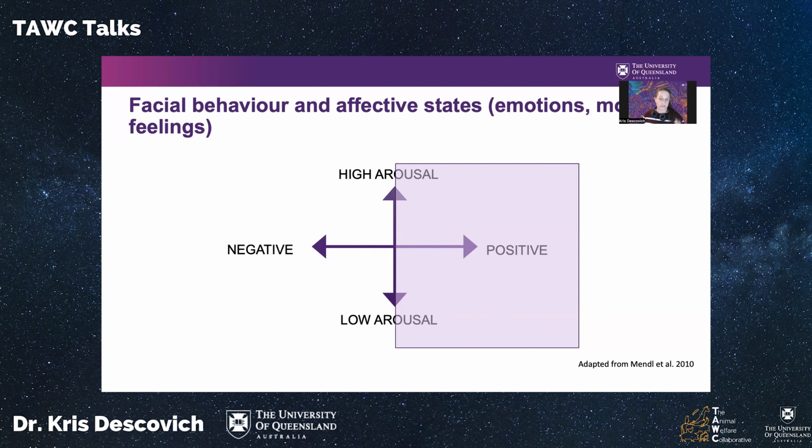Now, it's not just this valence that's important for animal management and animal welfare. Arousal can be quite important too. So in my experience, although high arousal positive states can be very rewarding for animals, high arousal states can easily go from positive to negative. So for example, an animal that's highly anticipative of an important event can very quickly flip to highly frustrated as well.